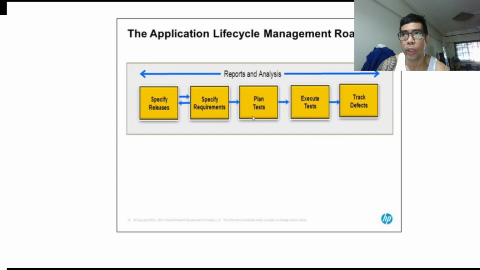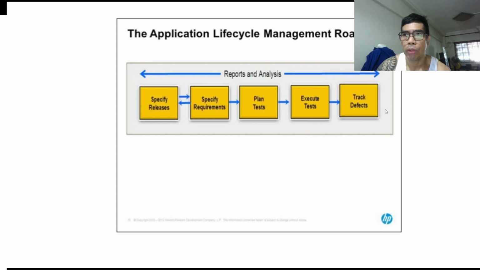Plan test. QA will do the planning while the developers are coding the fix or doing the new page. They will have a list of tests they should plan for when they execute the test. Upon execution, they will do the whole cycle of testing.